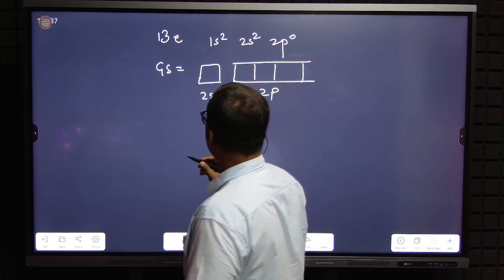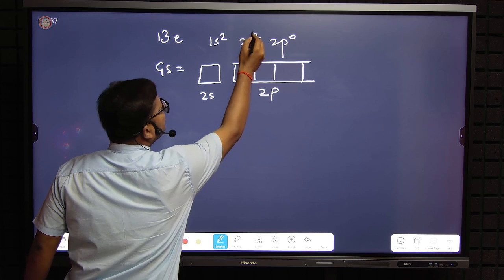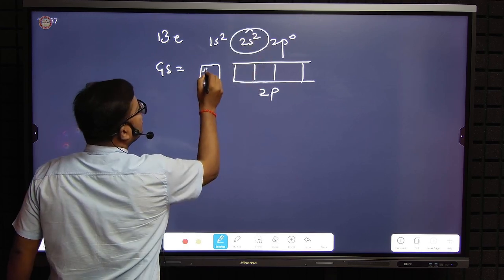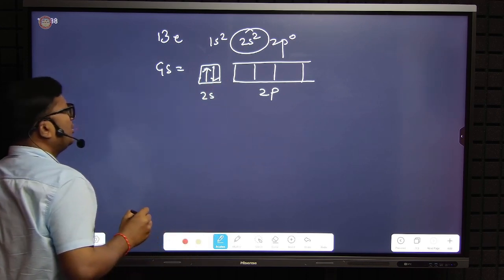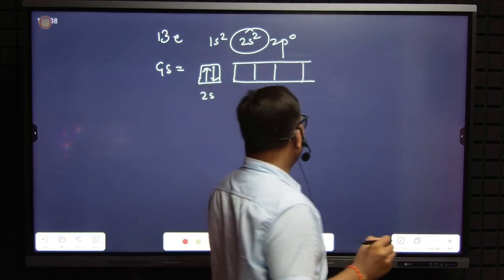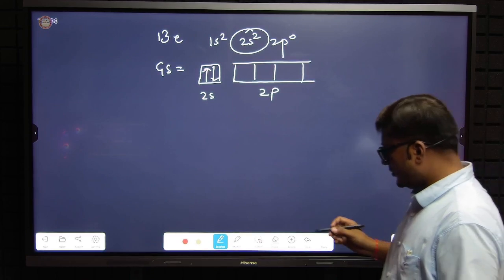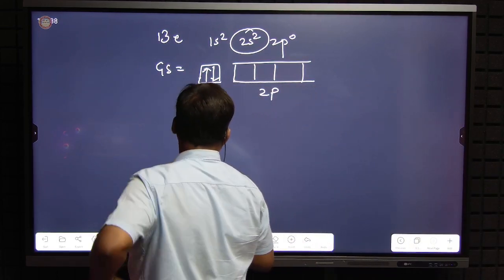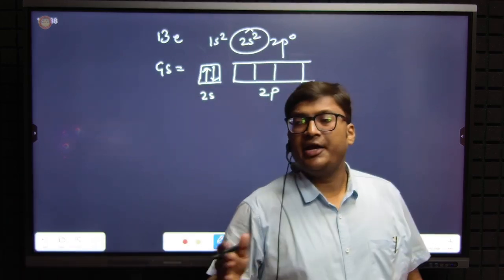Both electrons are paired in the ground state, so the 3 p orbitals are completely vacant.